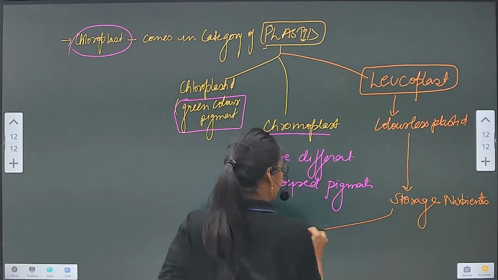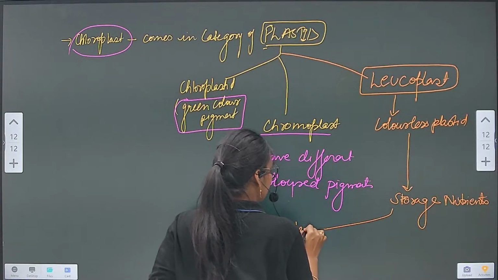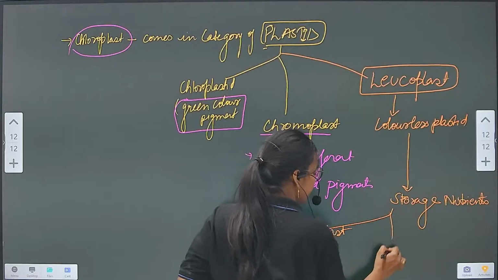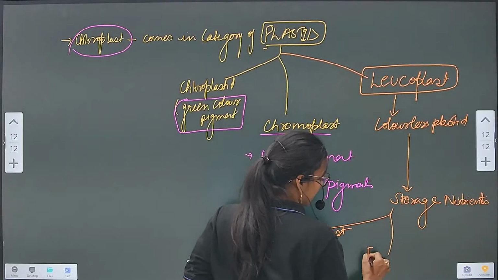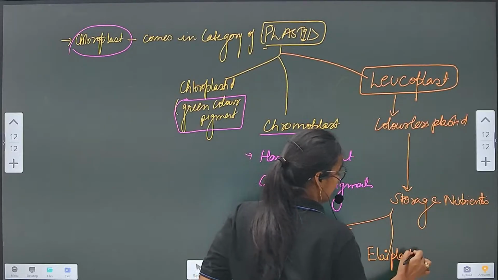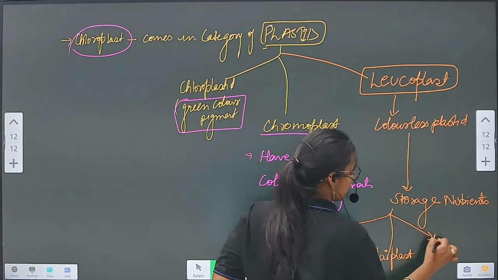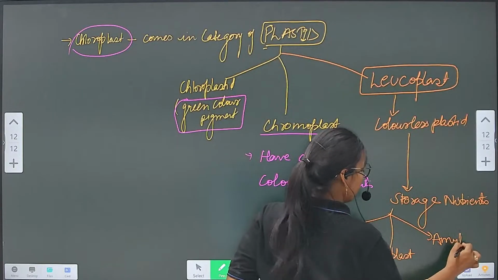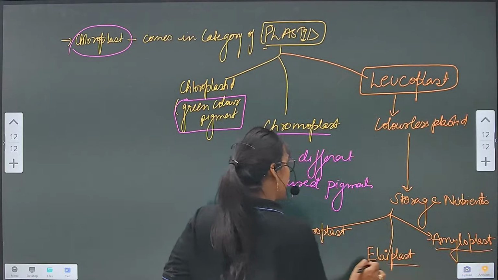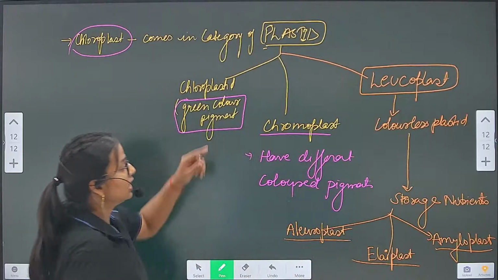One is the aleuroplast, another is the elaioplast, and last is the amyloplast. Basically, these are the leucoplasts.